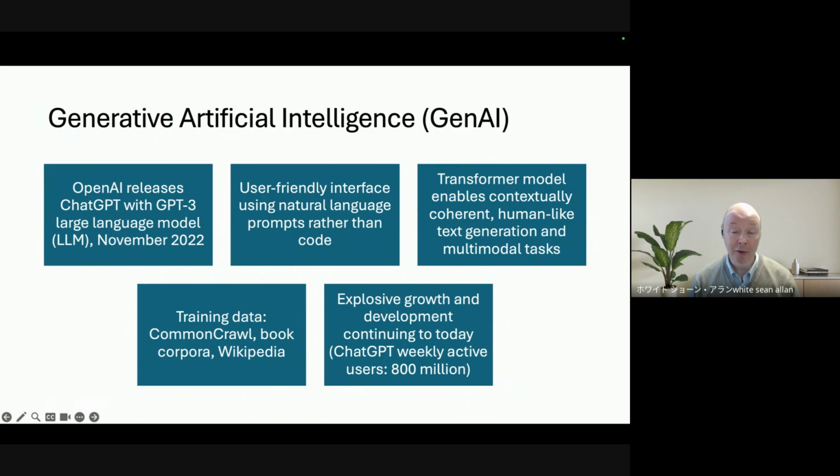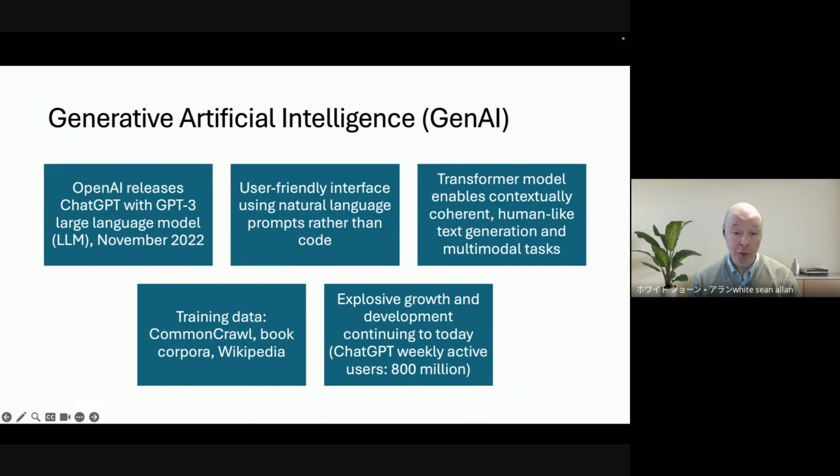Not just text, but also images, video, and audio. This was based on quite a bit of internet data through Common Crawl, a kind of recorder of internet sites, Book Corpora and Wikipedia in particular, and more, of course, synthetic data as well.